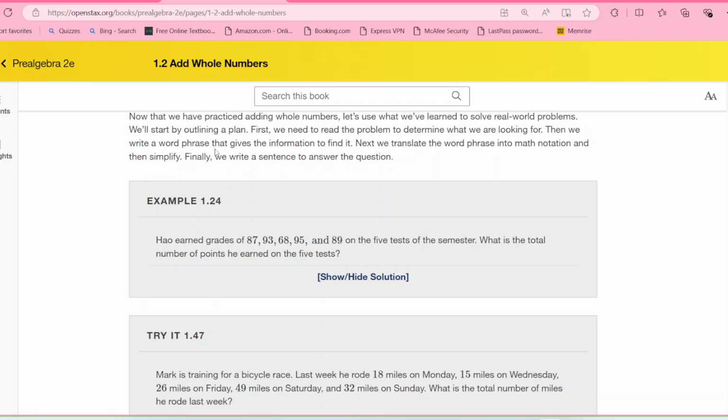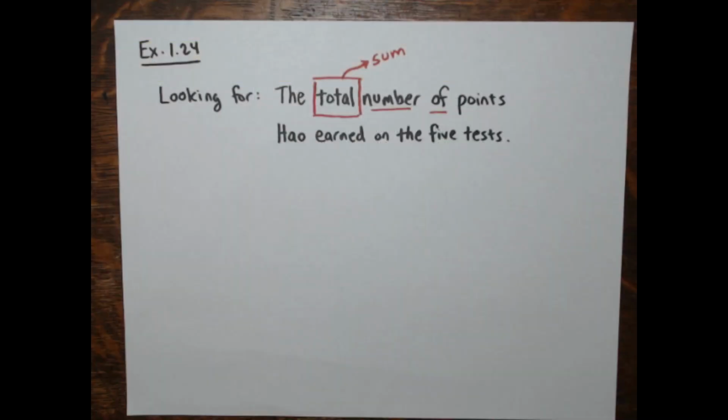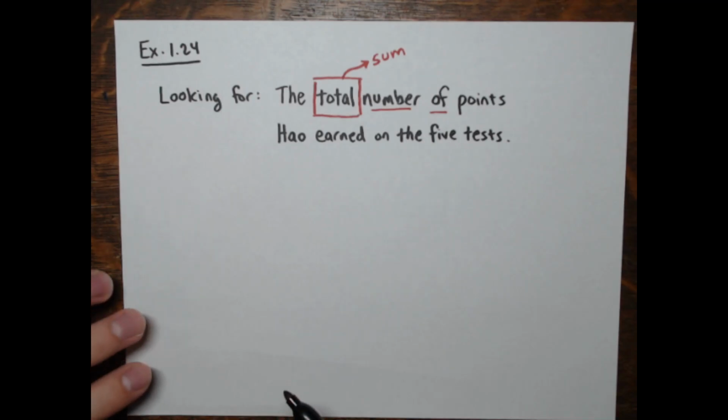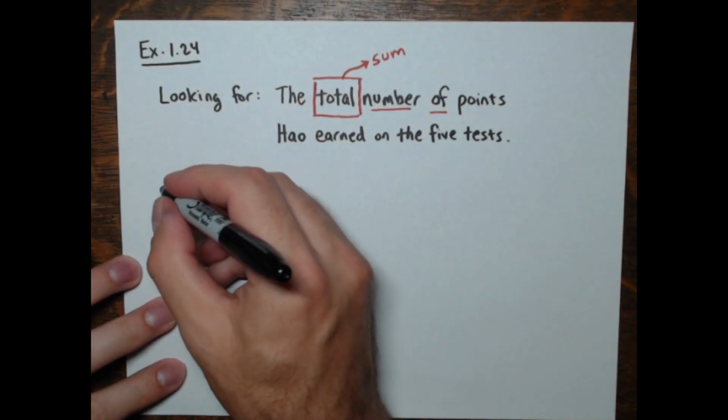All right, so we read the problem, determine what we're looking for. Then we write a word phrase that gives the information to find it. Well, the total number of points is the sum of these numbers here. So I'll write that out in words. I'm not going to do that for every single one of these problems, at least for this first one.